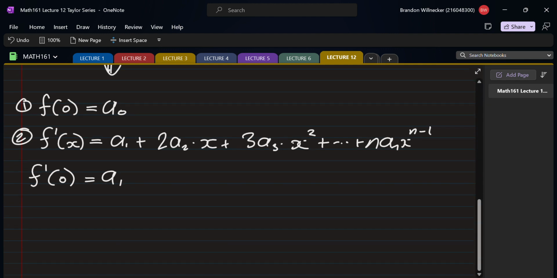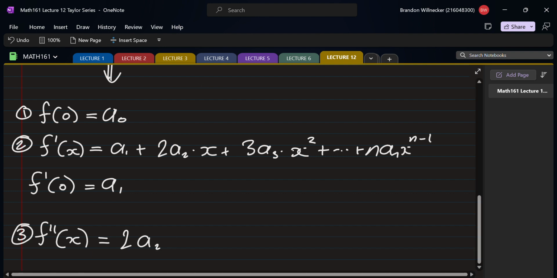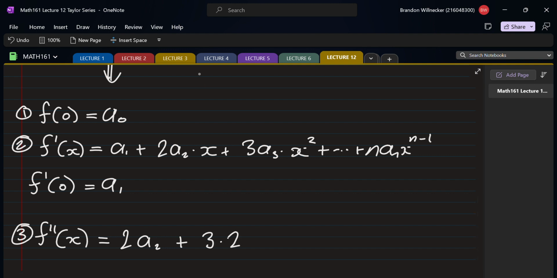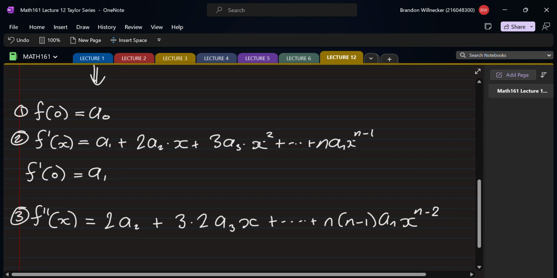What about a2? Well, we can take the derivative again. So f double prime of x is equal to, the a1 now goes away, and we now get 2a2, okay, the x goes away, so we get 2a2 plus, and now instead of writing this next term as 6a3, I'm going to write it as 3 times 2a3 x plus dot dot dot plus n times n minus 1 an x to the n minus 2, because I did the derivative again.